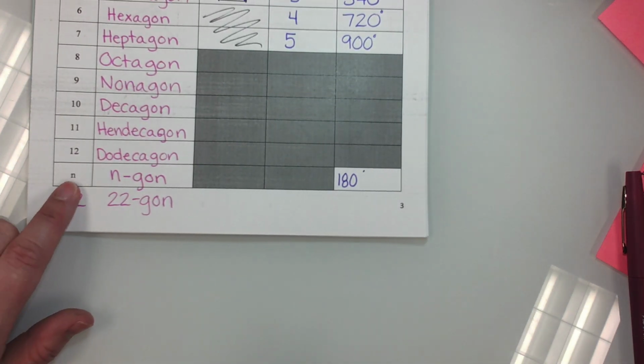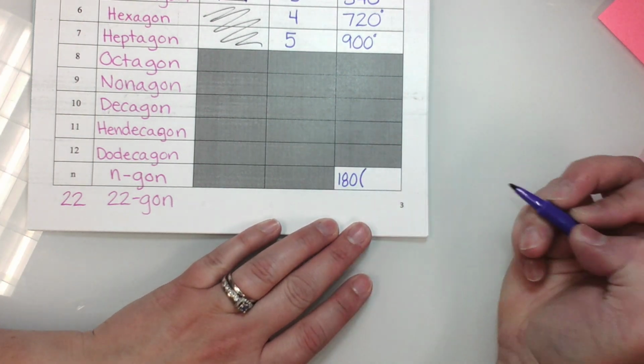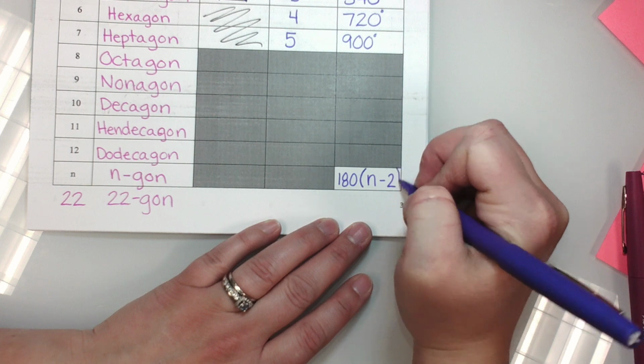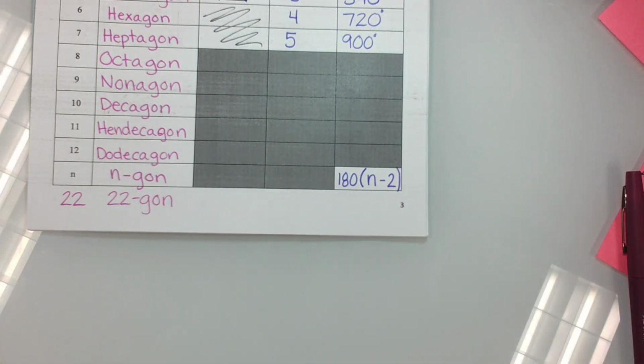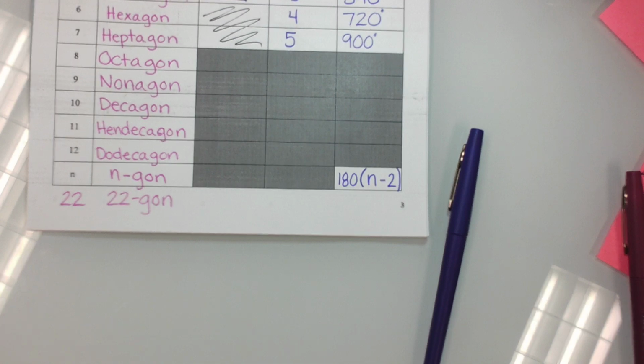So, if there are n sides, there are, in parentheses, n minus 2 triangles. This formula is our first theorem on the next page.